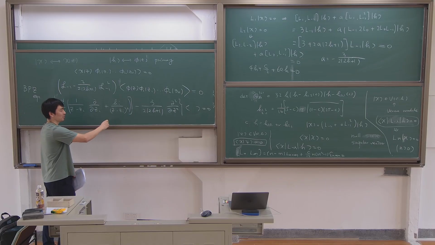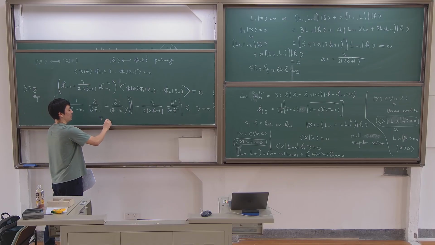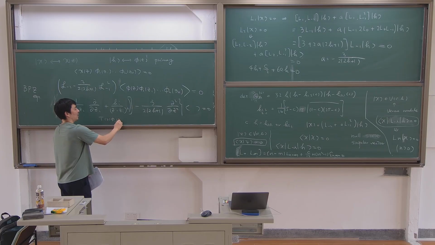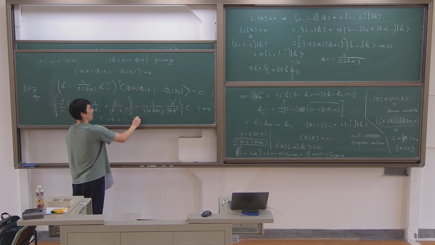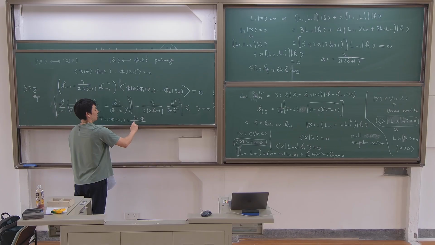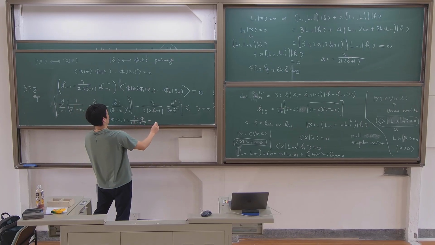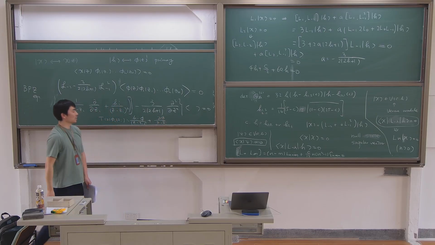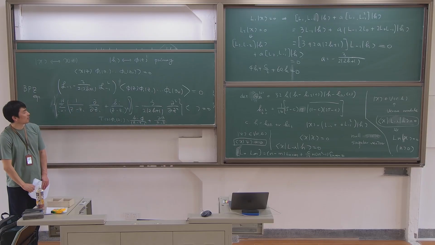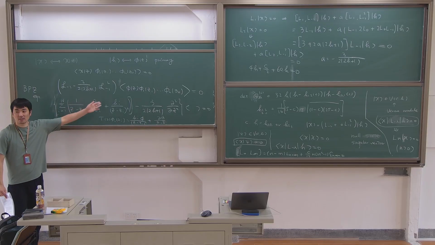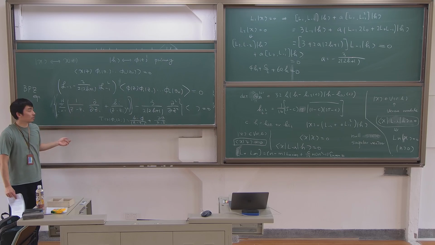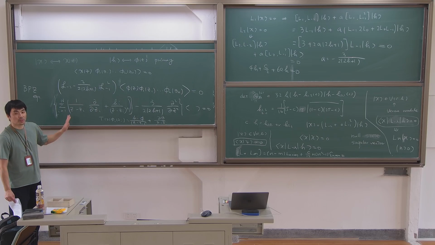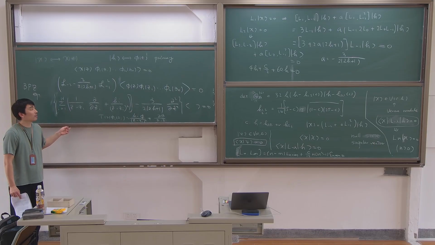You can easily see that T phi OPE, phi i of z i, is always h i phi over z minus z i squared, and then del phi over z minus z i. That's the OPE, and this is exactly the OPE you can see. So this is a differential equation you can obtain.